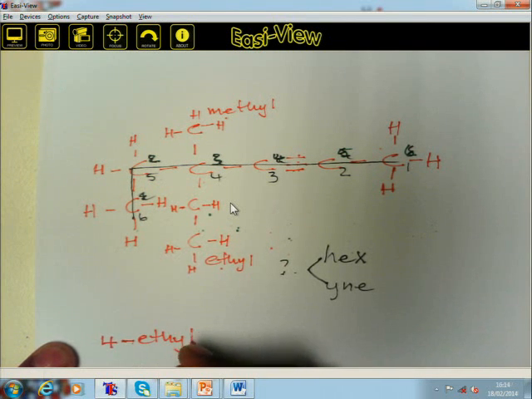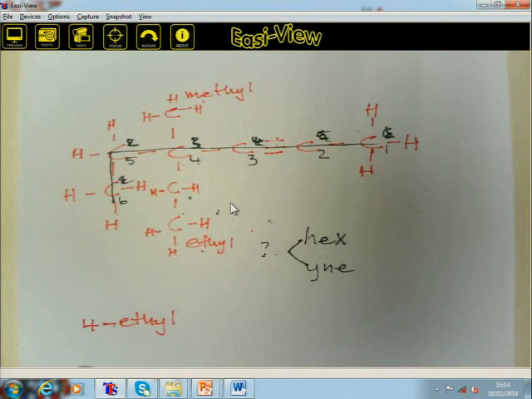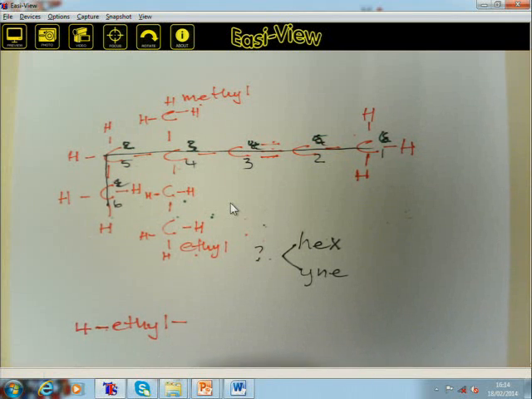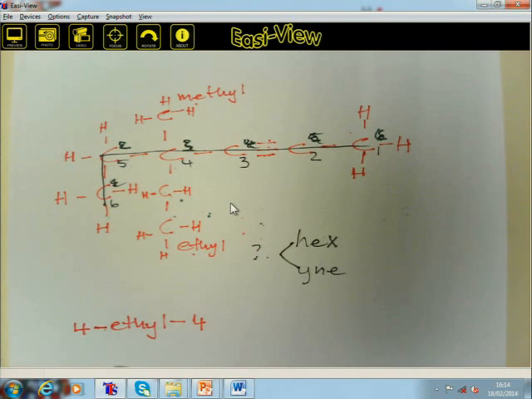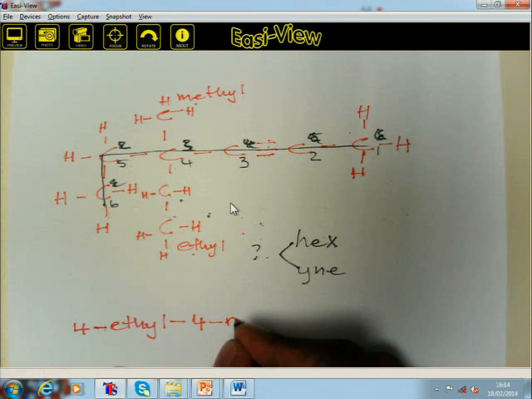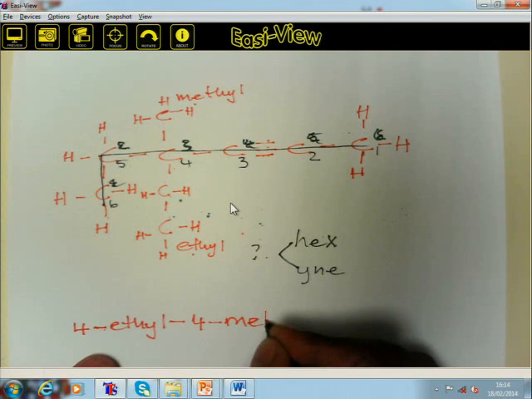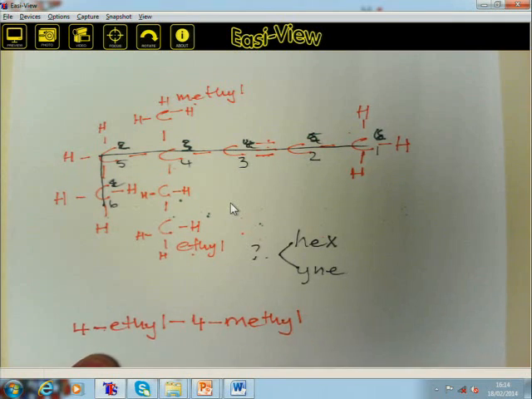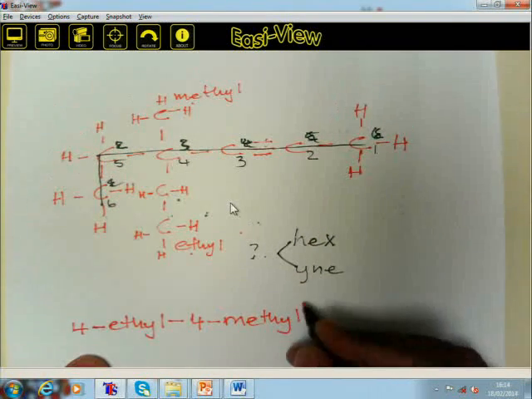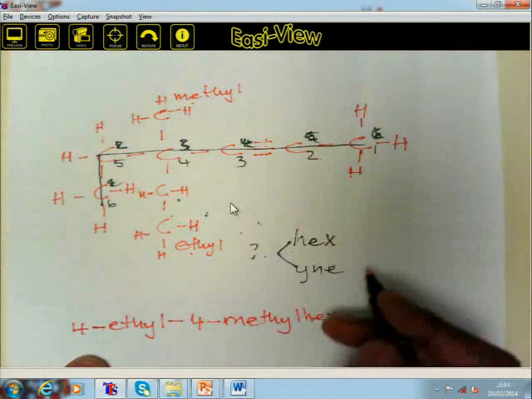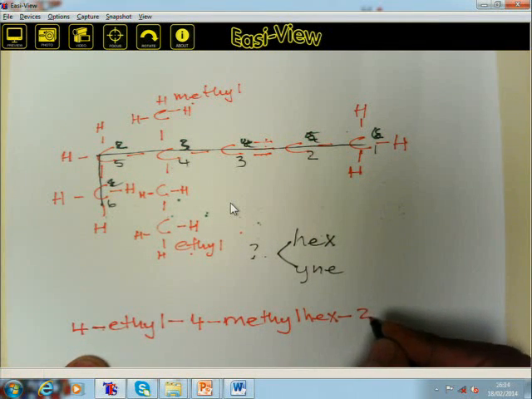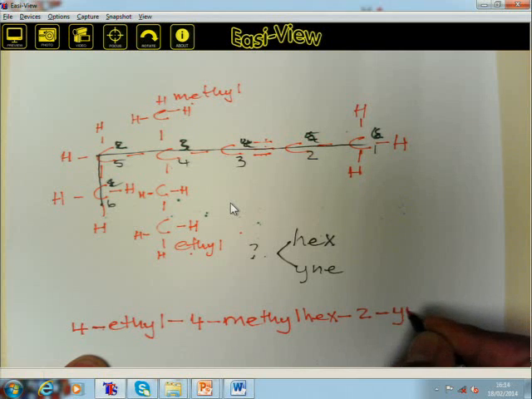Therefore, this will be 4-ethyl. And then I've got another substituent, and therefore I must put a dash because I need to indicate the position of that substituent as 4. And then 1 carbon, methyl. And then I've got 6 carbons, hex, dash, after carbon number 2, I've got the triple bond.